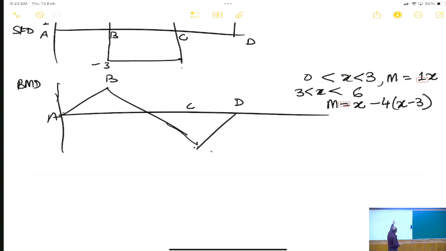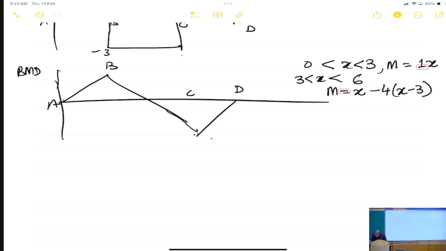And what I can do is, at x is equal to 6, I calculate its value. So, what is the value at x is equal to 6? 6 minus 3 is 3, minus 4 into 3 is minus 12, and to that I add 6. So, the value of this will be minus 5.